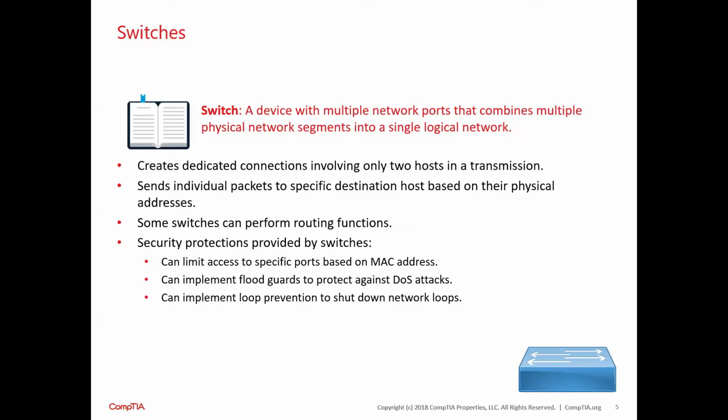Switches can implement flood guards against denial of service attacks, and also implement loop prevention to shut down network loops. For example, modern switches implement loop prevention by using STP, or spanning tree protocol.